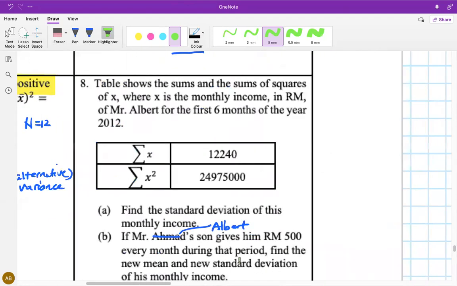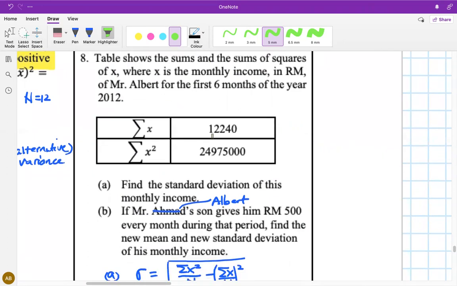Okay, number 8. The table shows the sum and the sum of squares of x, where x is the monthly income in RM of Mr. Albert for the first 6 months of the year 2012. A, find the standard deviation of this monthly income.